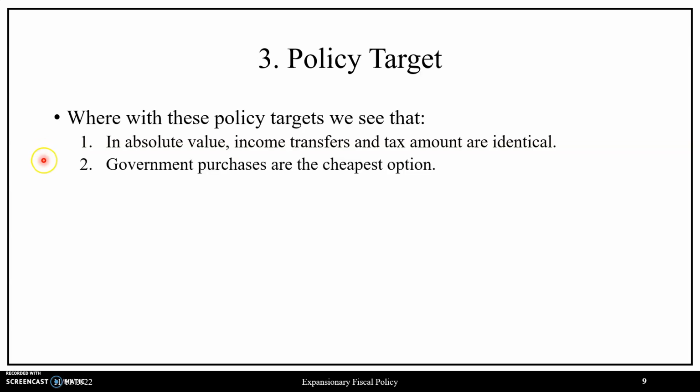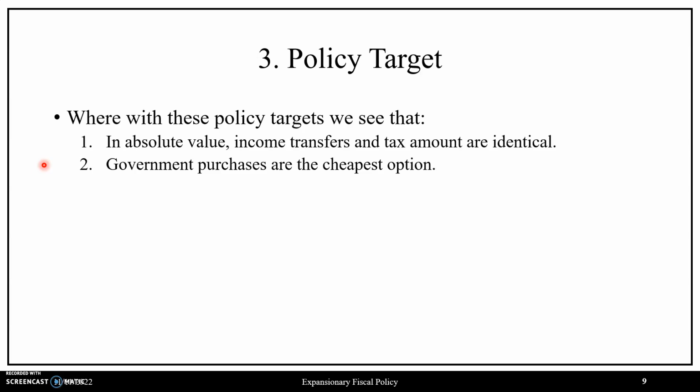And in terms of options overall, government purchases are the cheapest option to pursue, given that government purchases are directly related to aggregate demand, and if there's a $1 increase in government purchases, then there would be a $1 increase in aggregate demand. Whereas income transfers and taxes are related to disposable income, where consumers have the ability to consume or save with disposable income.